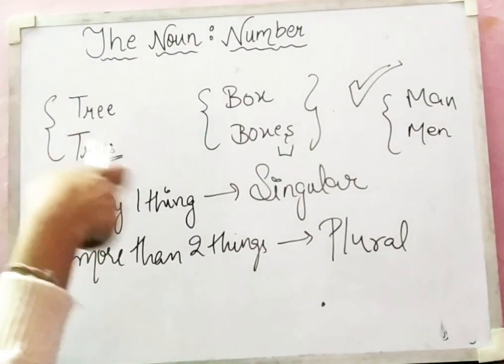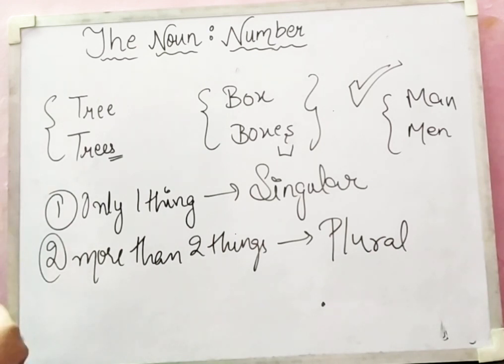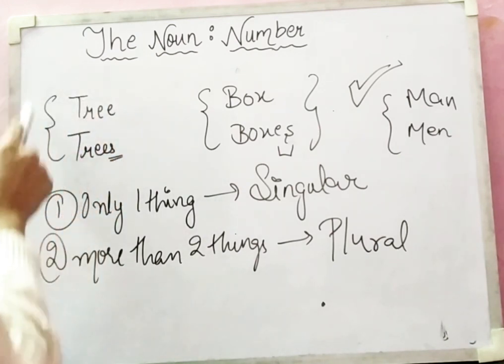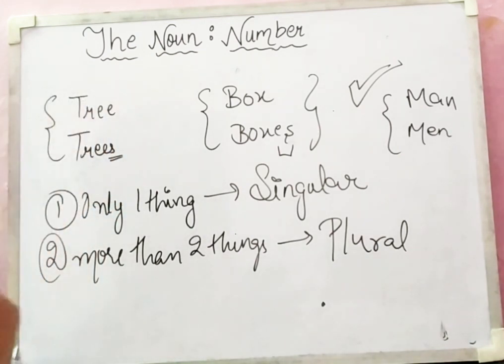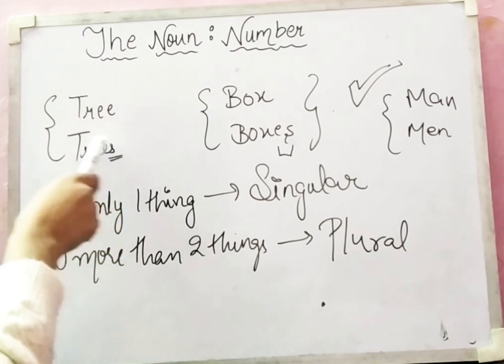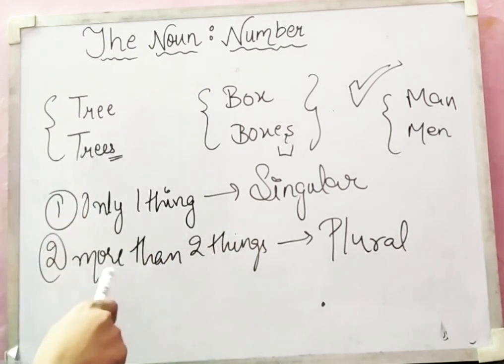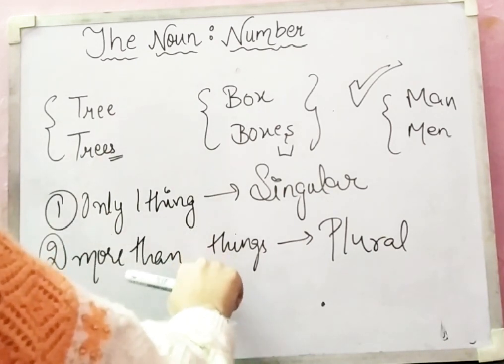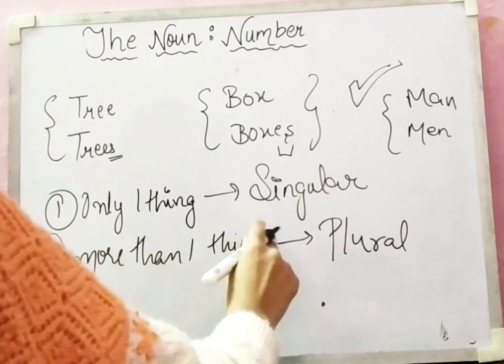So we can conclude that the first word of each pair denotes one thing. The second word of each pair denotes more than one, not two, more than one thing.